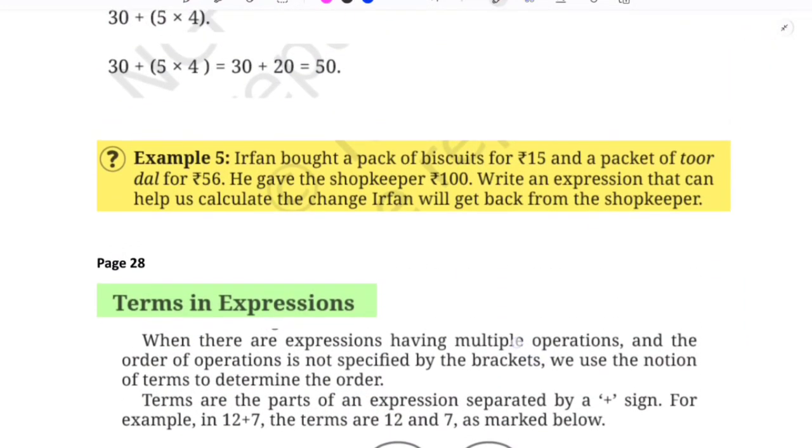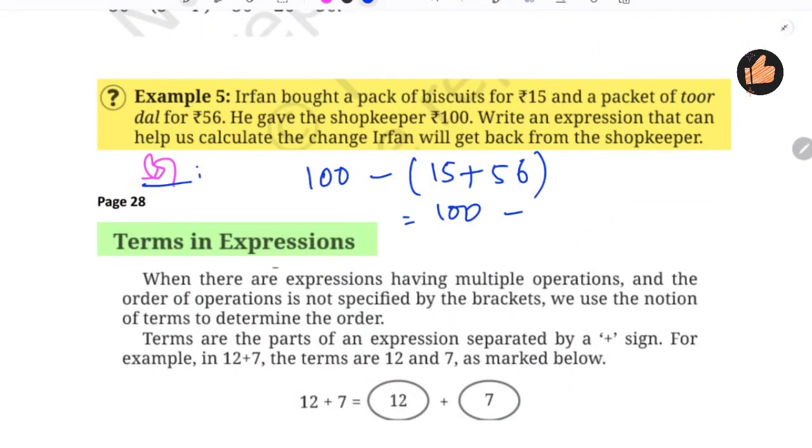Similarly, another example is also given here. Example 5. Irfan bought a pack of biscuits for rupees 15 and a packet of tur dal for rupees 56. He gave the shopkeeper rupees 100. Write an expression that can help us calculate the change Irfan will get back from the shop. So here, he gave the shopkeeper how much? Rupees 100.